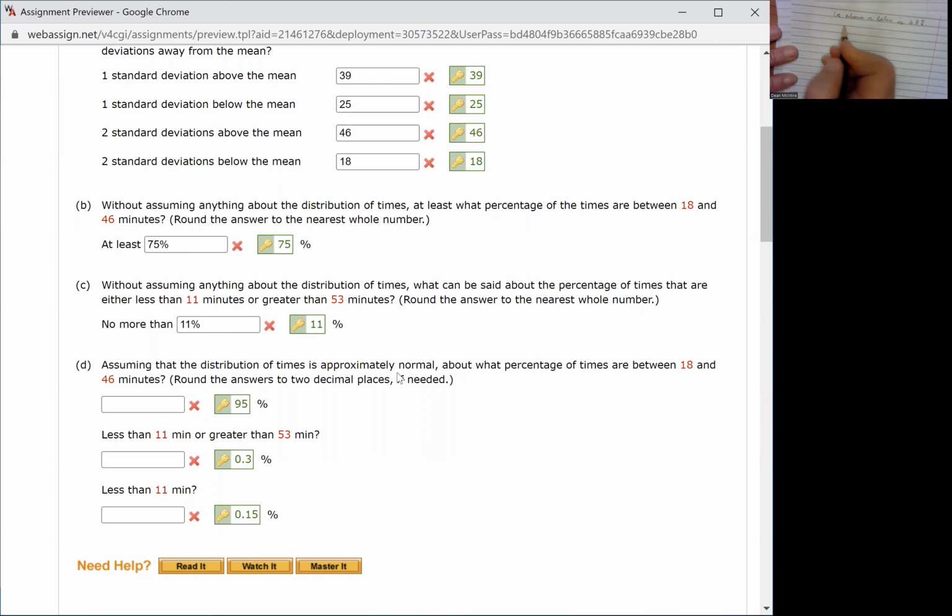Okay. Now, 2 standard deviations above or below is 95%, and 3 standard deviations above or below is, what is it, 99 point.